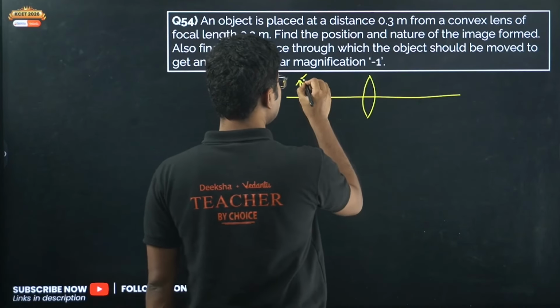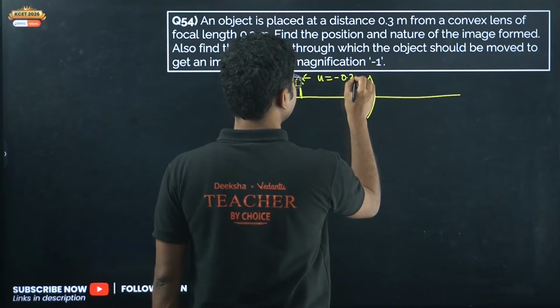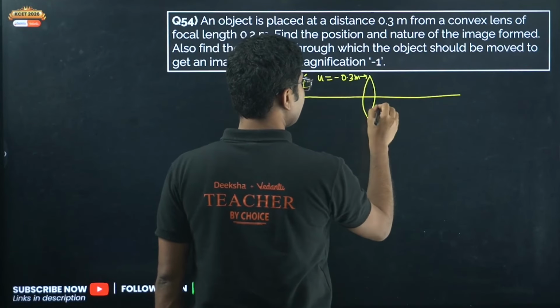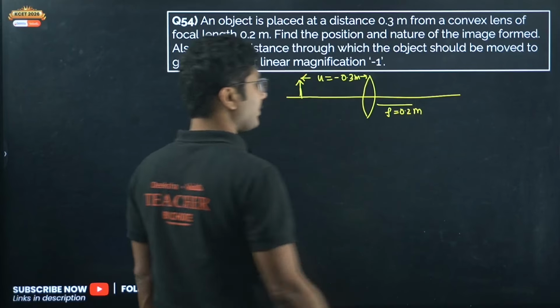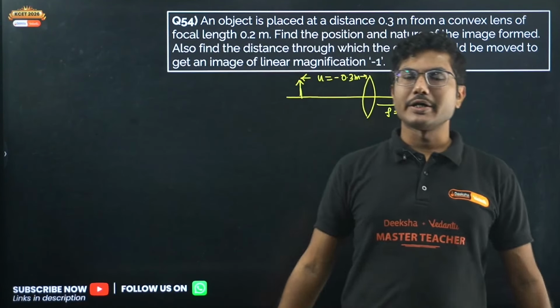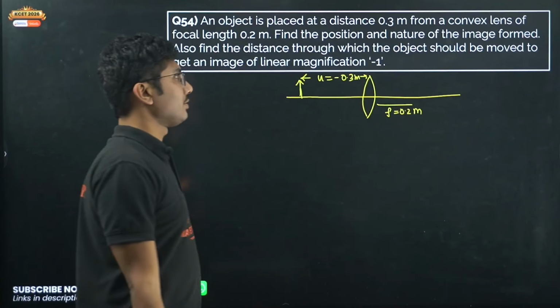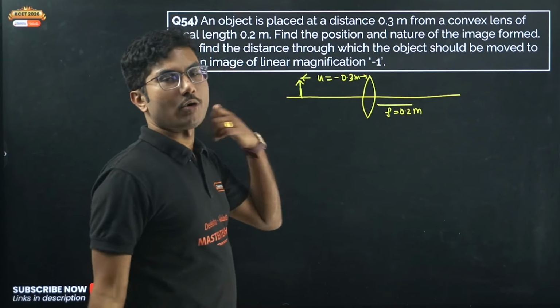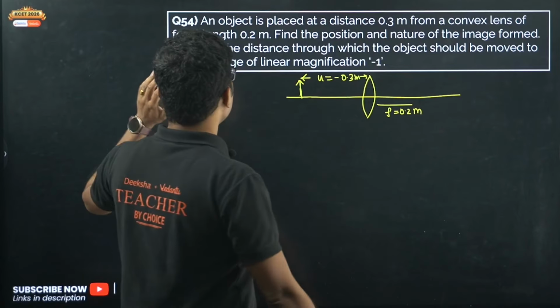So object distance is minus 0.3. Focal length is 0.2 meter. Convex lenses have positive focal lengths, right? Convex means positive, concave means negative, always, for mirrors or lenses. Remember this.